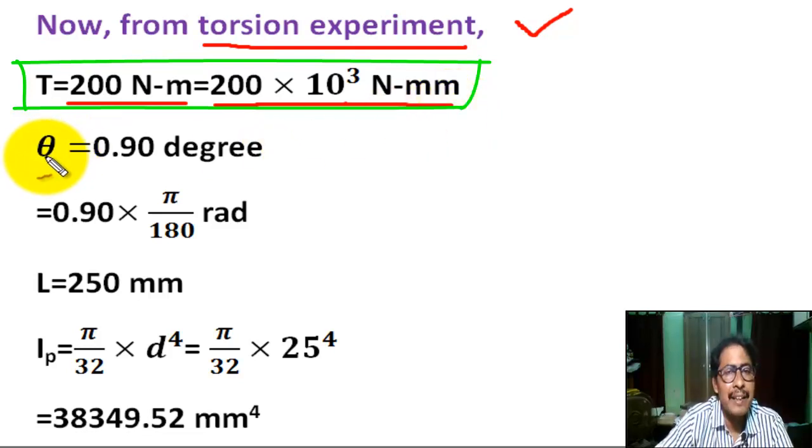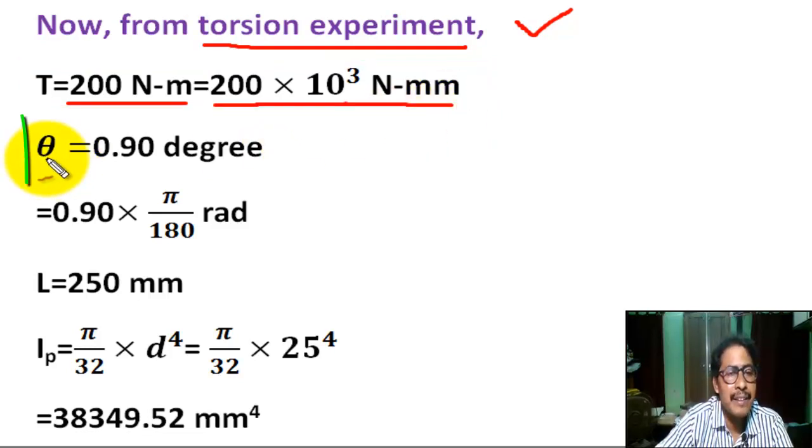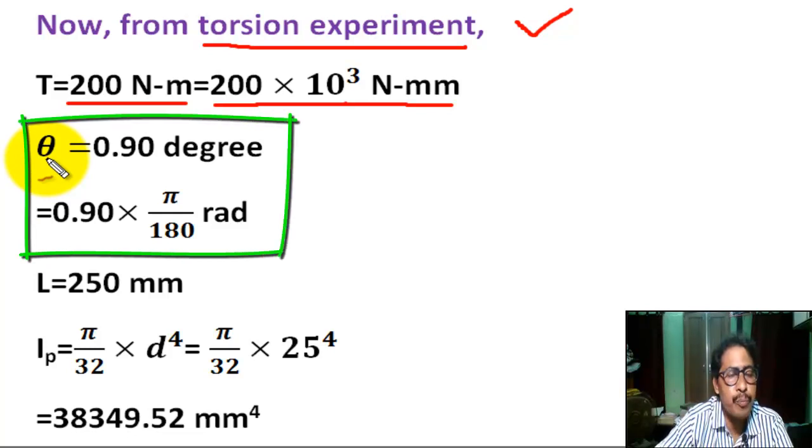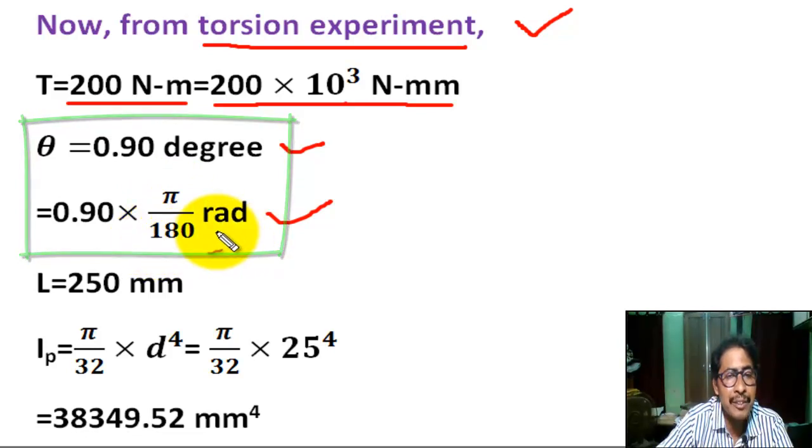Theta given, theta angle of twist equal to 0.90 degree. Now we convert it into radian, equal to 0.90 into pi by 180, it is converted to radian.